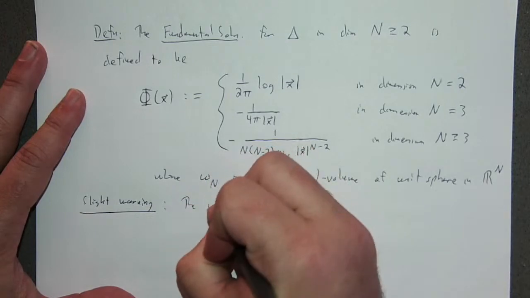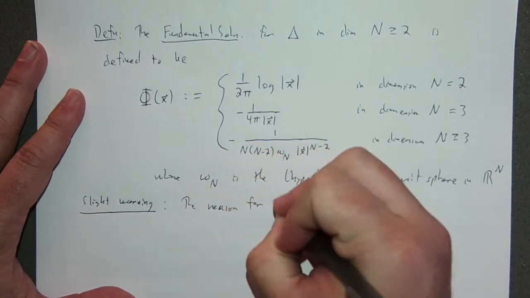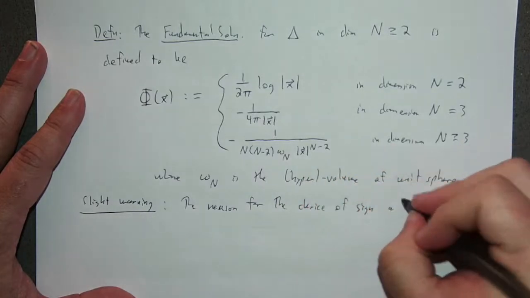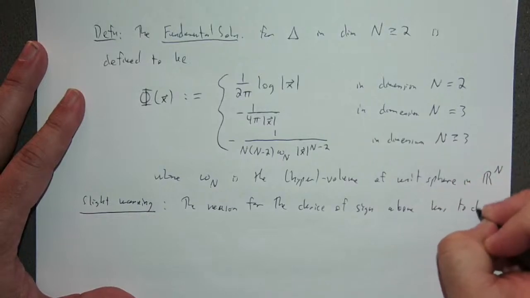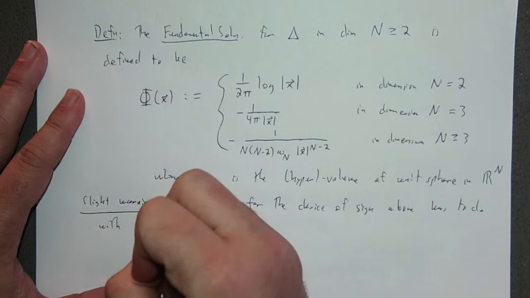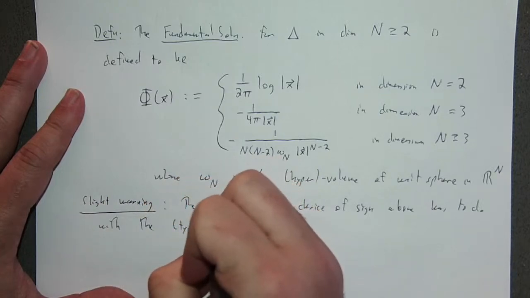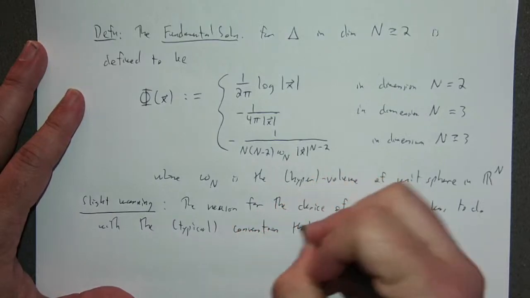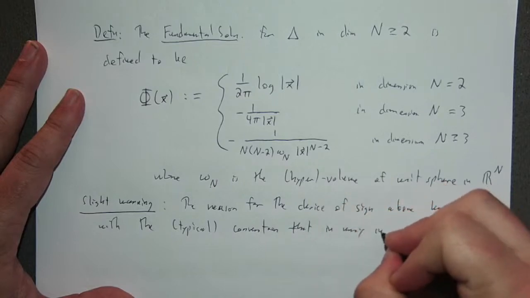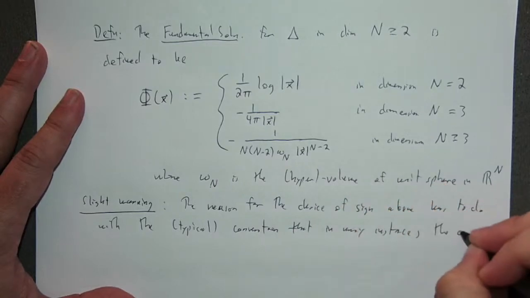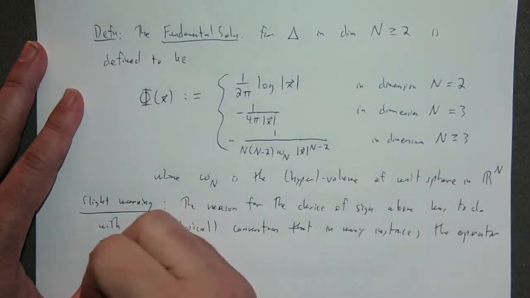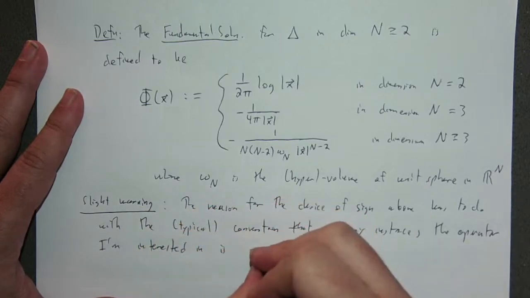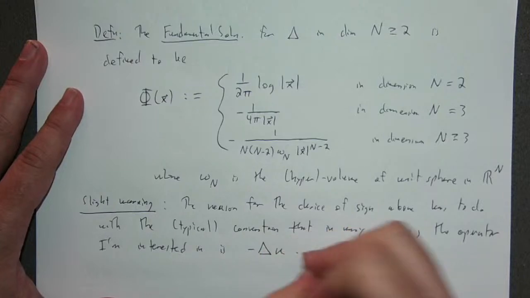The reason for the choice of sign above has to do with the, I would say it's typical, usually the typical convention that in many instances the operator I'm interested in is best treated as minus the Laplacian.